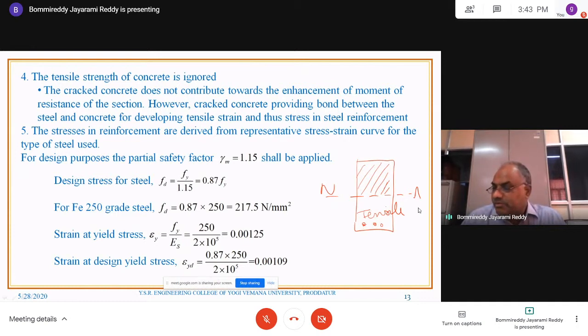Only the steel reinforcement is considered for the tensile stresses that are being taken up. Then another assumption: the stresses in reinforcement are derived from the representative stress strain curve for the type of steel.